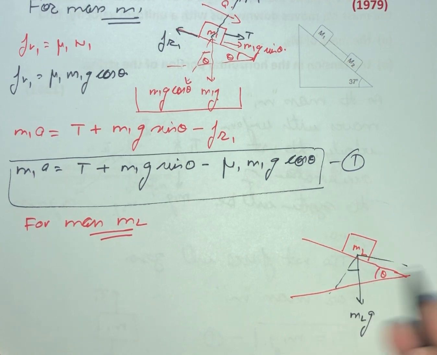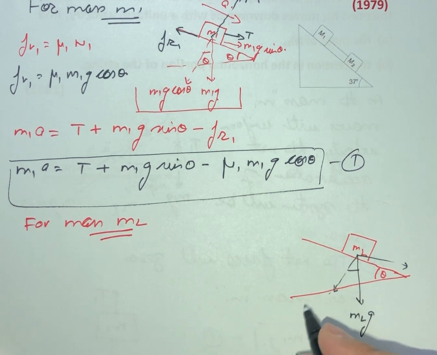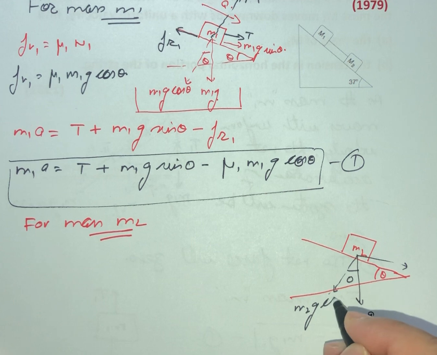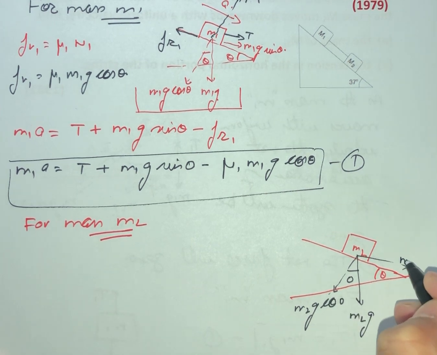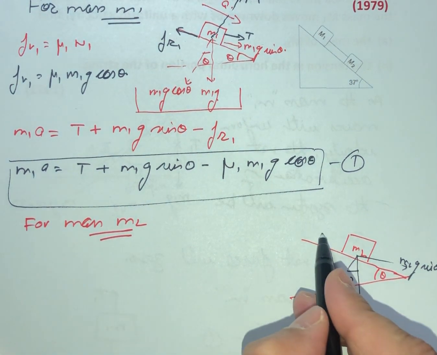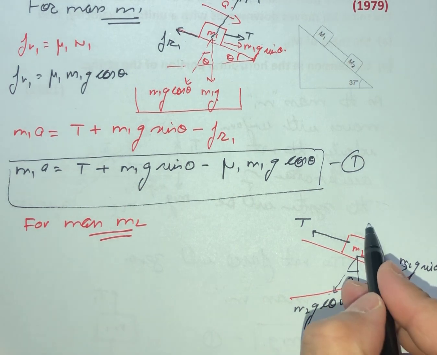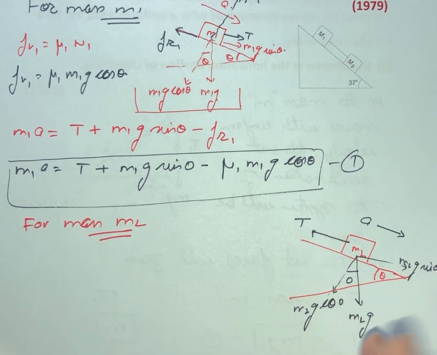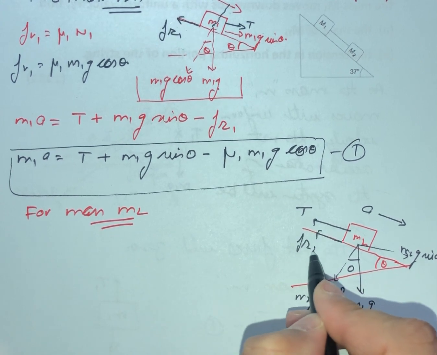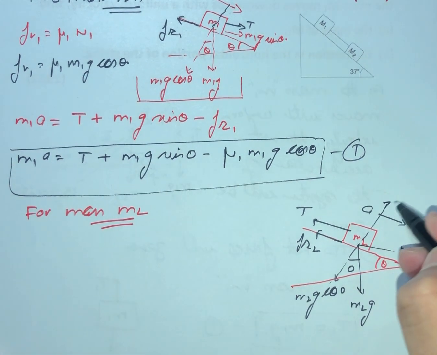One is along the inclined plane, and the other is perpendicular to the inclined plane. So this will be theta. So we have m2g cos theta, and this will be m2g sin theta. There will be tension T, and as it is moving with the same acceleration a down the inclined plane, we are going to have a frictional force, let us call it Fr2, in the upward direction, and there will be a normal, let us call that n2.